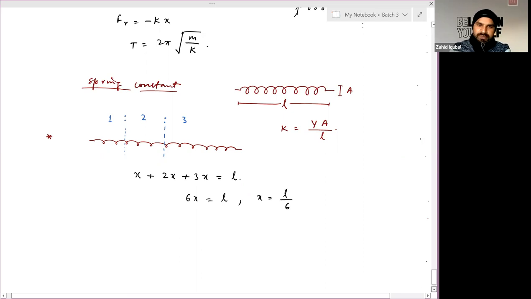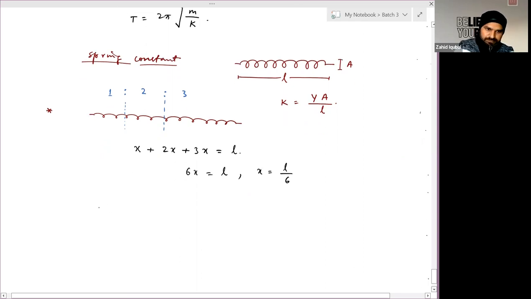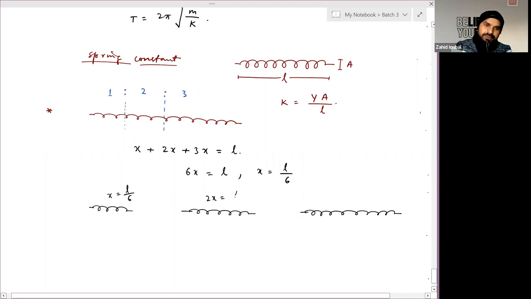Now for each different part, first part having length x, which is equal to L by 6, second part having length 2x, so it will be equal to L by 3, and third part having length 3x, so it will be equal to L by 2.